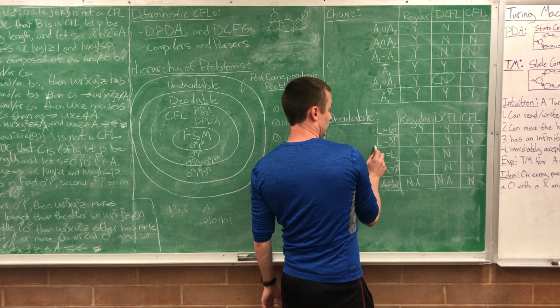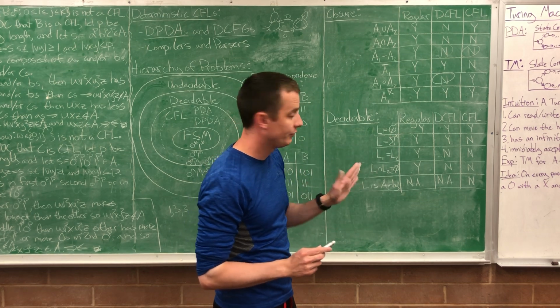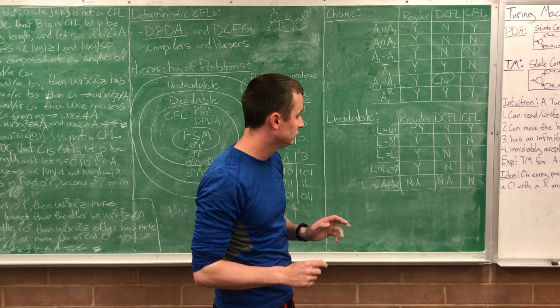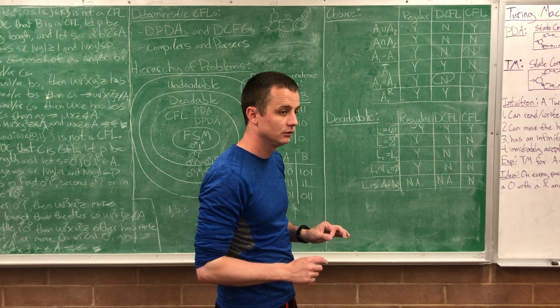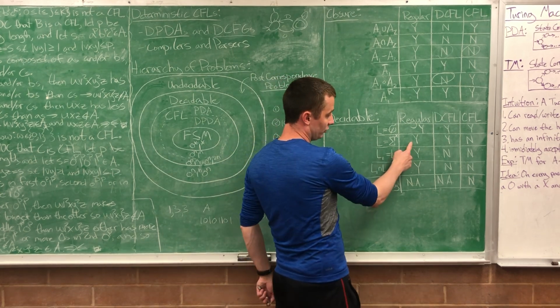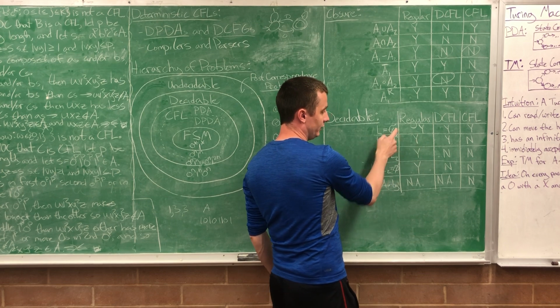Okay. The language generates everything. Can we check that? If it's a regular language, can we check that it generates all the possible strings in the alphabet? For a regular language, yes, that's real easy. How do we do it? See if its complement is the empty set.